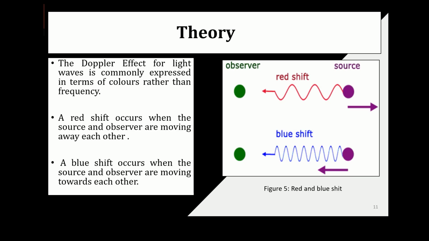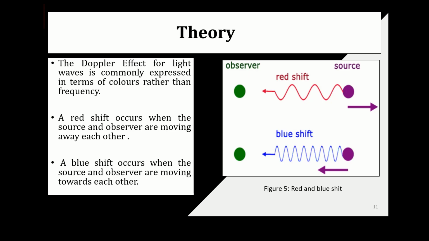You can see in this figure we have a source and an observer. If the source is moving away from the observer, redshift will be there, because the frequency will decrease. If frequency is decreasing, the wavelength is increasing.